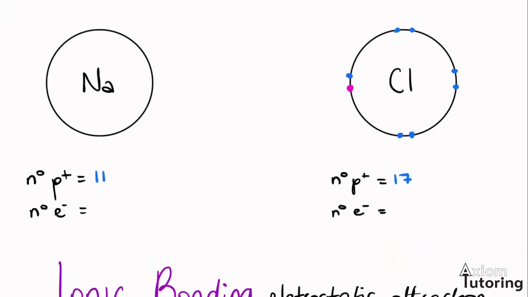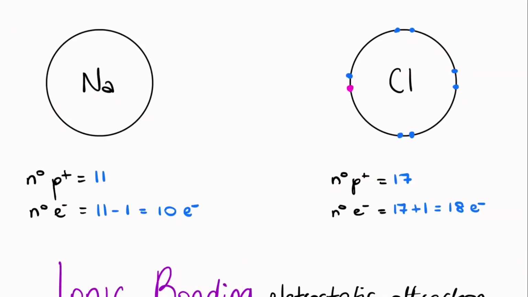But now sodium has lost an electron, fully lost it, is not sharing it with chlorine. It has donated it. So now it has 10 electrons, while chlorine has gained an electron and it has now 18 electrons. Now, in our previous videos, I mentioned that atoms don't have a charge because the number of protons equals the number of electrons.